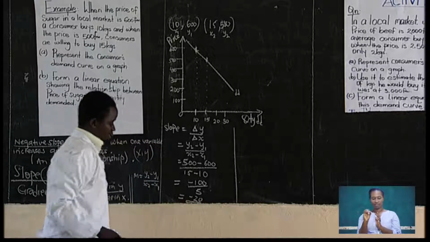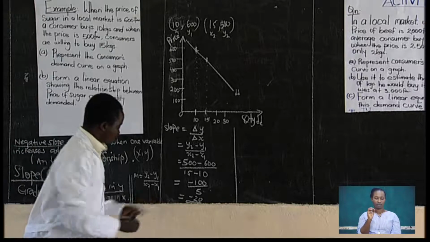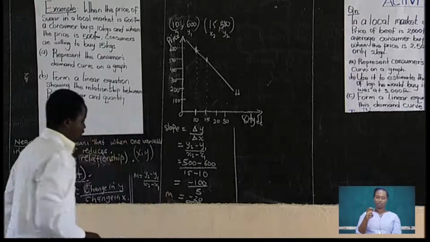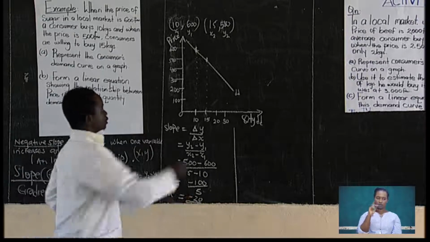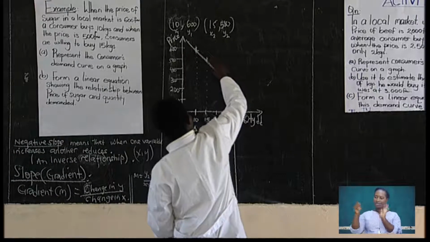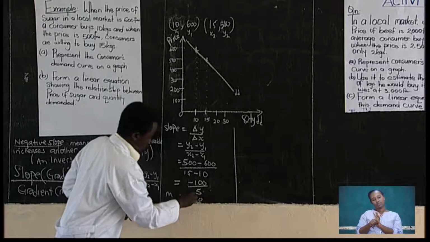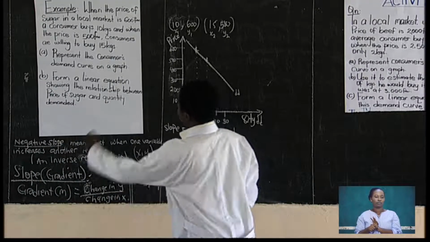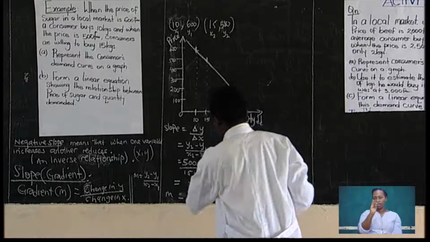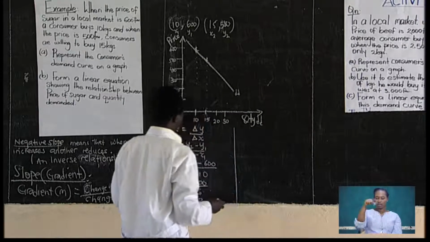Negative 20. So our slope, which is m, the gradient, is negative. You can see this is a negative slope, so you must verify it from this. Let us now form a linear equation. After getting this, we can form the linear equation.